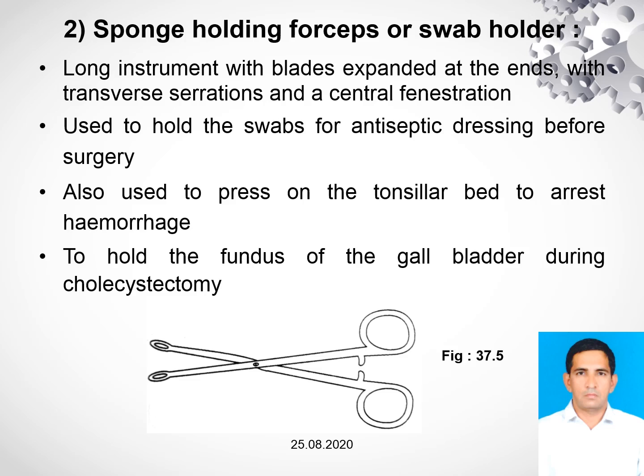The jaws of these forceps can either be serrated or smooth. The handles are ratcheted as well as looped. Sponge holding forceps can either be curved or straight. The shape is different for each individual purpose for which they may be used.